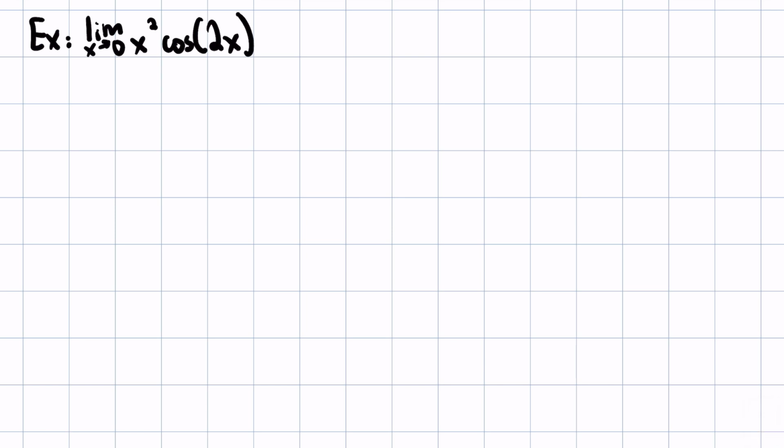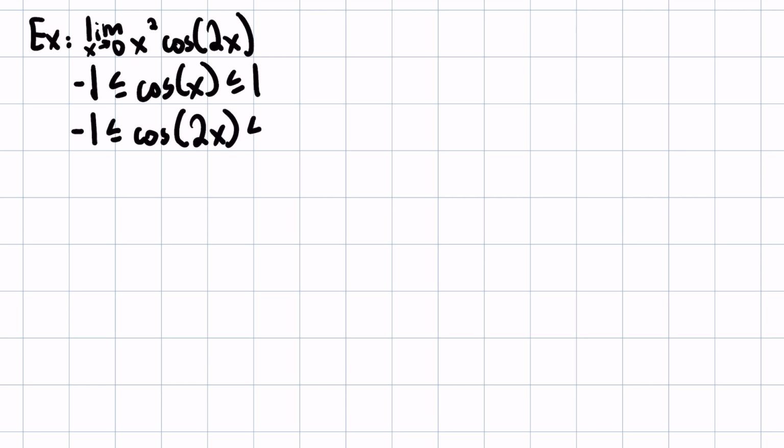So first of all, the identity that you're going to use a lot with sine and cosine ones is this, right? And it's the same for sine. And so it turns out that it doesn't matter what you plug into cosine, this is still true.